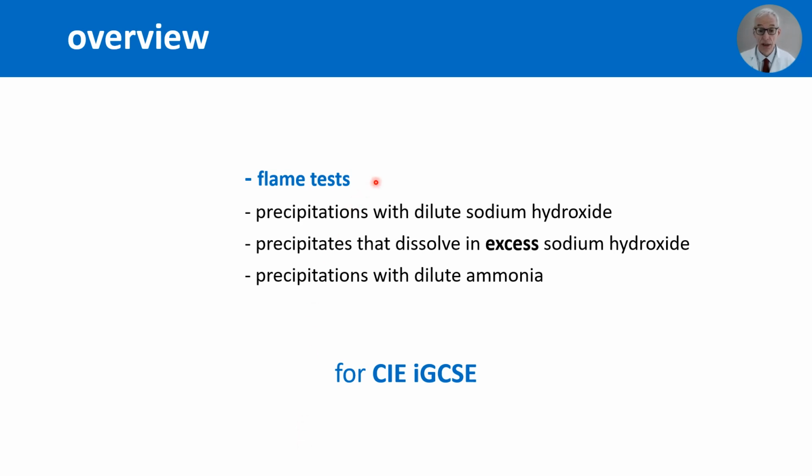We will cover flame tests, precipitations with dilute sodium hydroxide, then the solubility of those precipitates, precipitations with dilute ammonia and their solubility. For emphasis, this is for CIE iGCSE, not UK GCSE specifications.